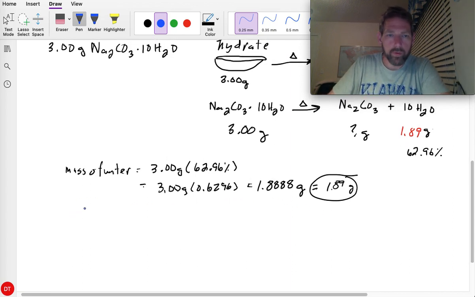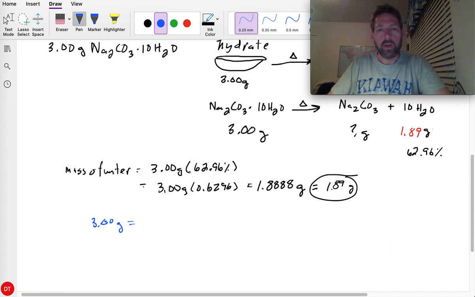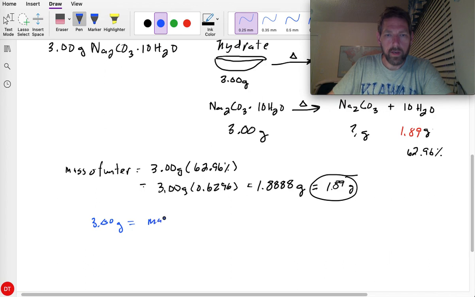So mass by difference, if you've got 3 grams here, you essentially have a problem where 3 grams equals X. In this case, X is the mass of your sodium carbonate. So instead of just writing X, let's be specific. Plus 1.89 grams. Let's do some basic algebra at this point.